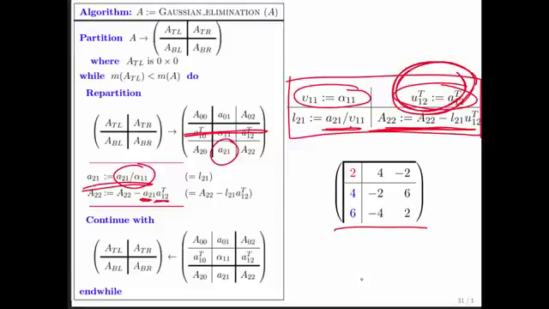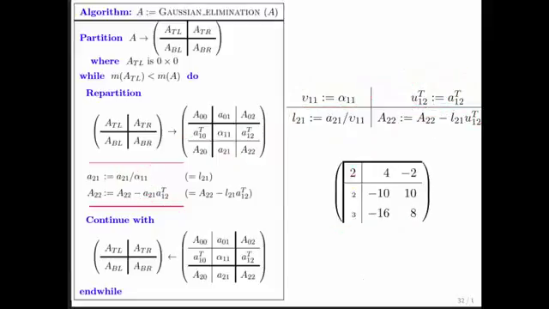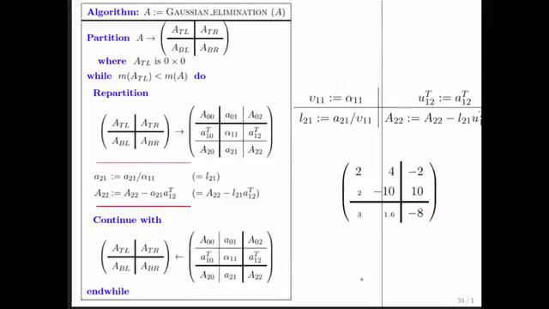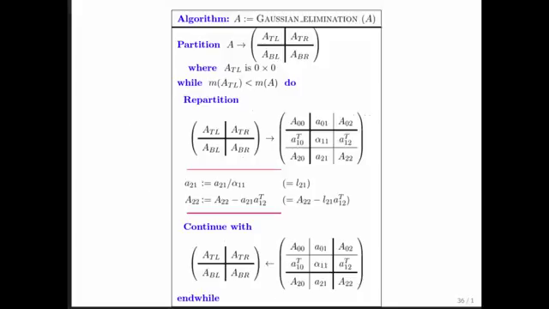If we now illustrate what happens to the matrix along the way, we partition, we update, we move on. This is the continue with this smaller submatrix, which means you partition, you update, and you move on. So what we have here is a new algorithm, which I guess I accidentally labeled Gaussian elimination.